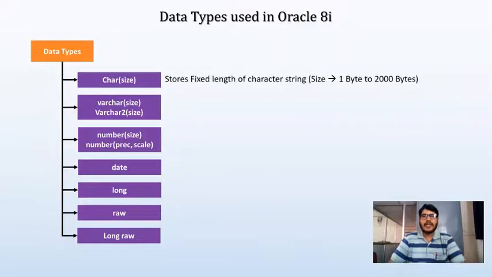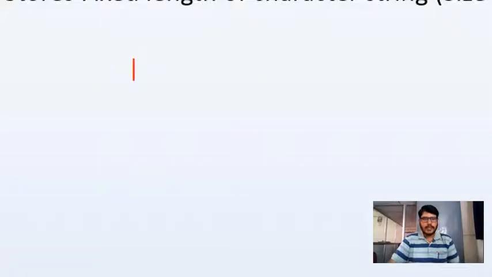So if I define a character, it can store a fixed length character string. Try to observe, I'm mentioning fixed length. What do you mean by that? Assume that I define a character with size 8. That means I am reserving 8 bytes of memory.